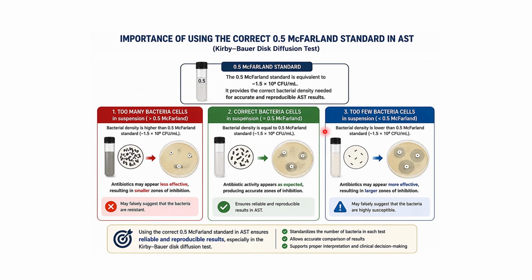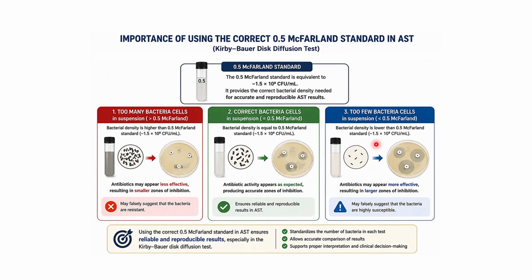So let's look at the third scenario before coming back to the second scenario. The third scenario involves using a bacterial suspension that has less turbidity than the 0.5 McFarland standard. What it means is that this suspension has too few bacterial cells, and the bacterial density or concentration is lower than that of the 0.5 McFarland standard, which has a bacterial concentration of approximately 1.5 times 10^8 CFU per ml.